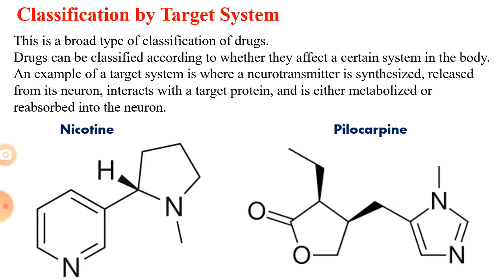In this figure we can see the structure of nicotine, and next one is pilocarpine. Nicotine and pilocarpine are cholinergic agonists. What are agonists? These two drugs activate the cholinergic system and its receptors present in the body.